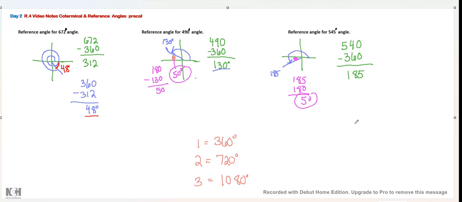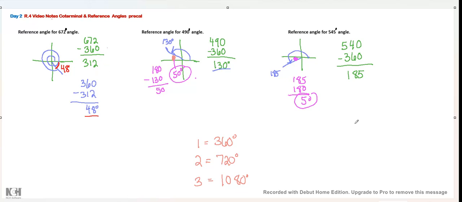All right, just in case you need any more examples without all the graphs and everything, here is a 672-degree angle. You can write down that one time around is 360, two times around is 720, because we don't care how many times we go around, we just want to know where we end up.